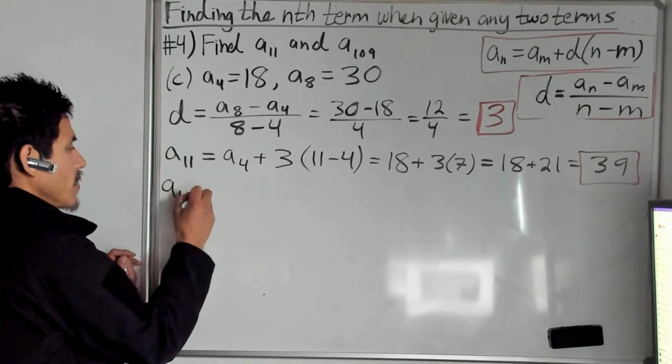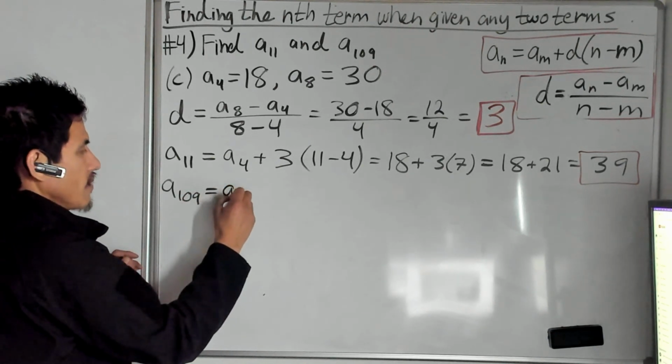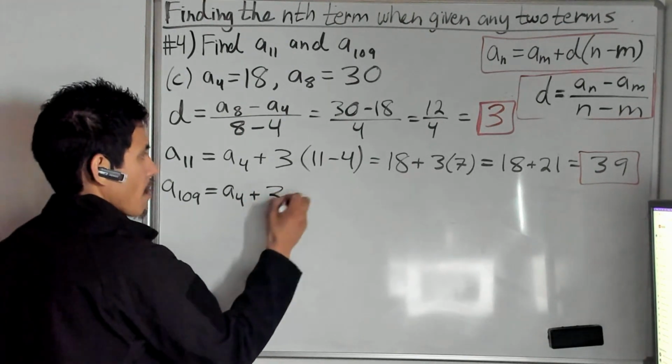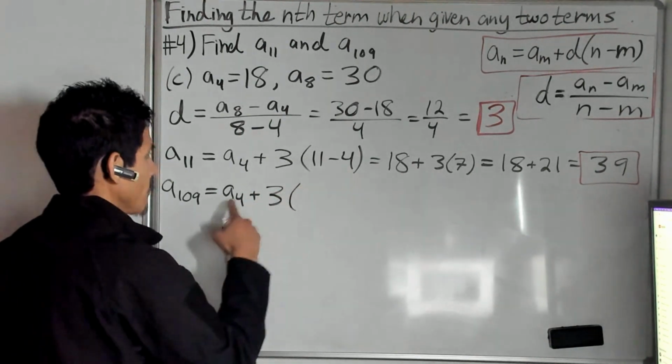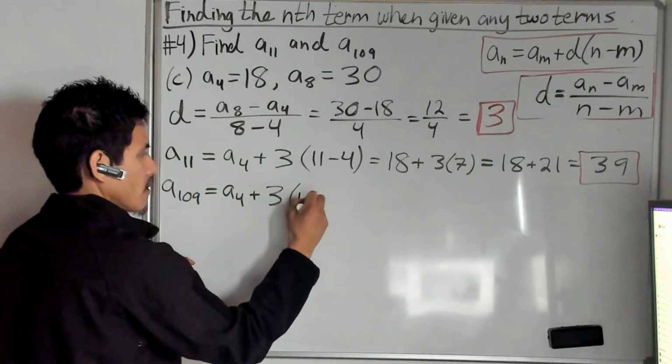And A109. Last one. Let's go with A4 again. A4 plus D times N minus M. So 109 minus 4.